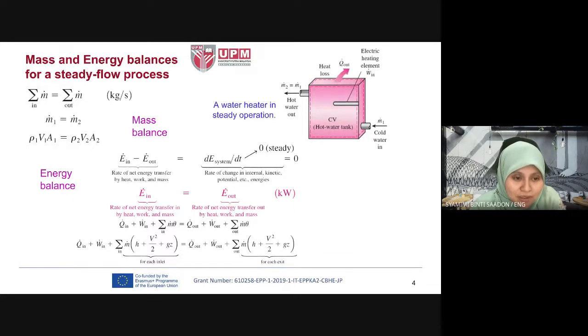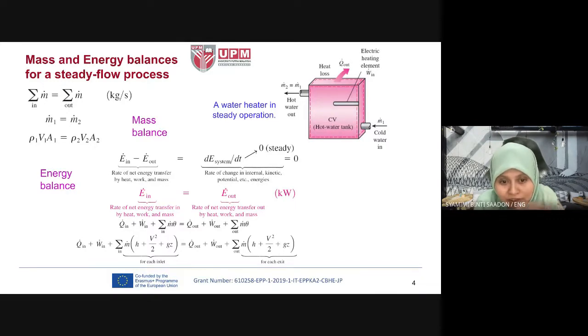That the rate of net energy transfer by heat, work, and mass, like in the previous chapter. There are several methods for energy transfer: energy transfer by heat transfer, energy transfer by work, like potential energy just now, and energy transfer by mass. Mass can also transfer energy, which means the mass flow rate multiplied by the enthalpy, m dot h.